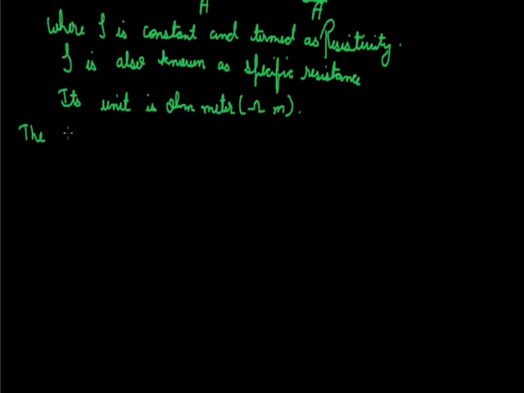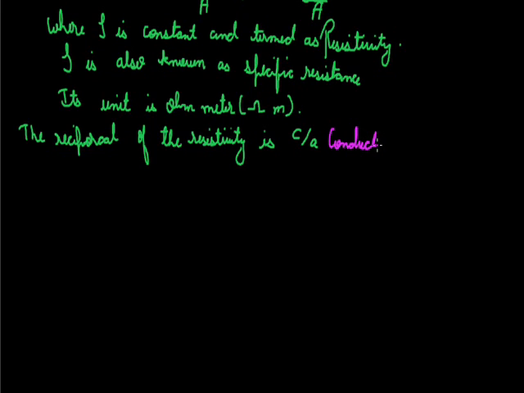The reciprocal of this resistivity is termed as conductivity. It is represented by sigma. So we can say that sigma is equal to 1 by rho.